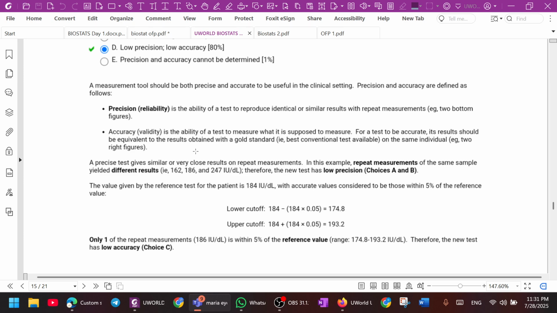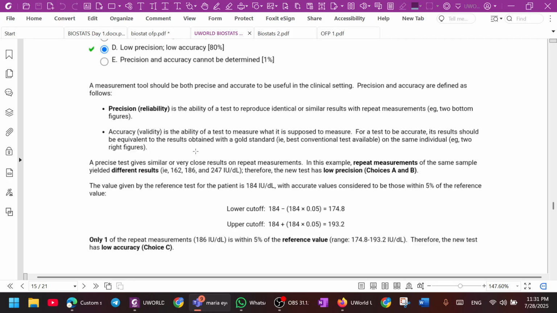A measurement tool should be both precise and accurate to be useful in the clinical setting. Precision and accuracy are defined as follows. Precision, or reliability, is the ability of a test to reproduce identical or similar results with repeat measurements.